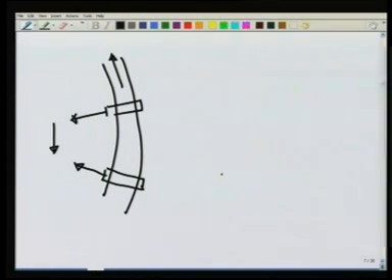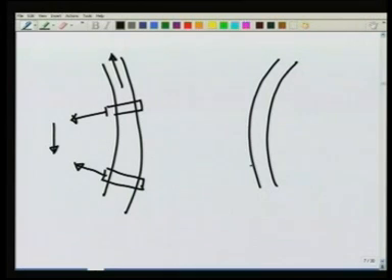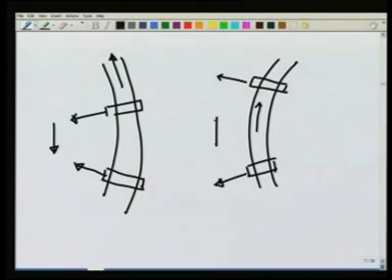On the other hand, when it turns the other way, if the cylinder is here, again I am taking cylinder moving this way, then the angular momentum is in this direction, and when it reaches here, the angular momentum is in this direction, and therefore the change in the angular momentum is in the direction of the motion. This is delta L, delta L.